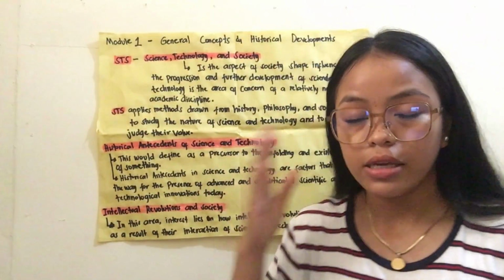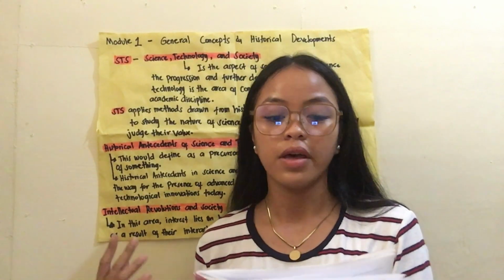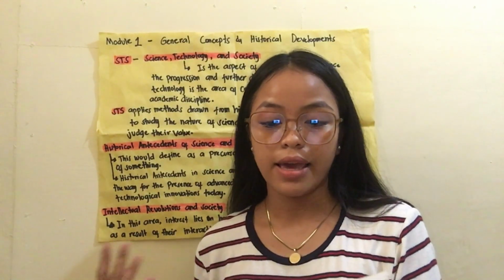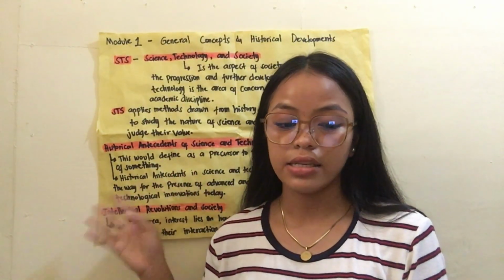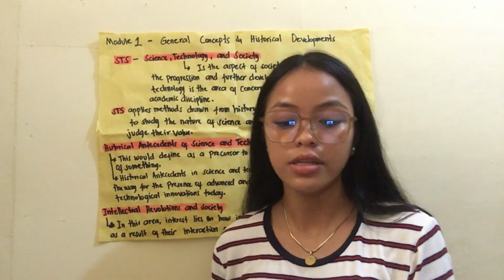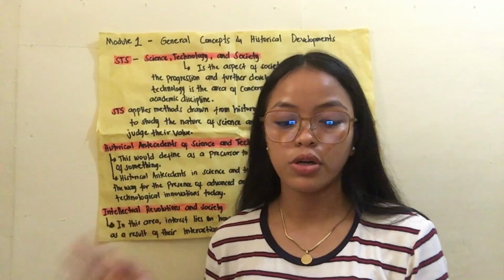This topic tackles the social context that shaped science and technology across 3 historical periods, along with a discussion of these antecedents during the ancient period, Middle Ages, and modern ages.